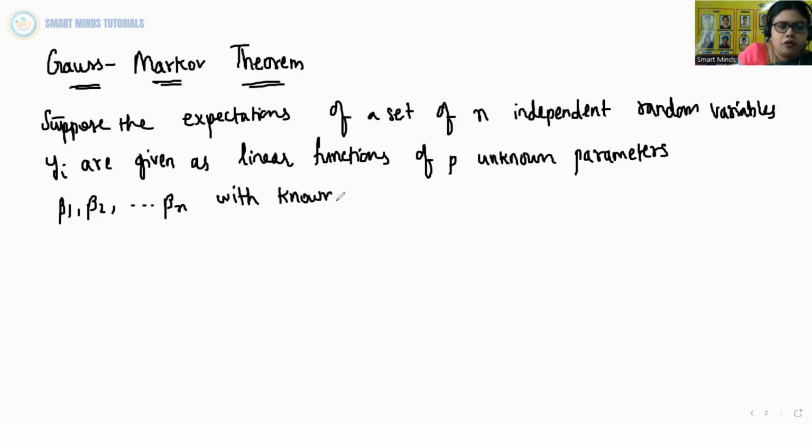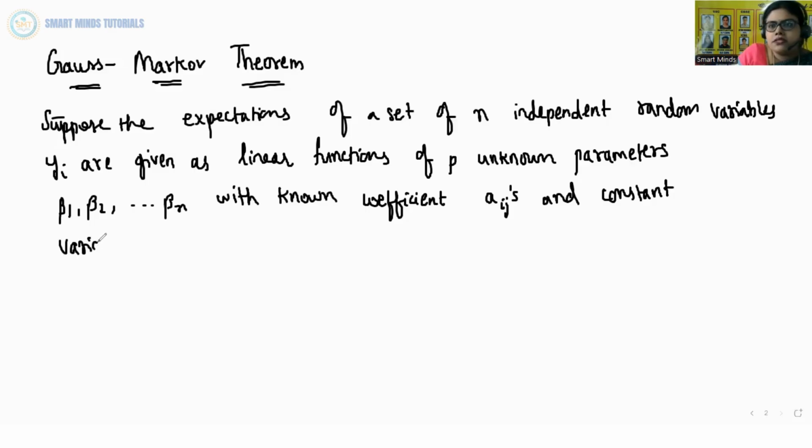with known coefficients aij's and constant variances sigma square.